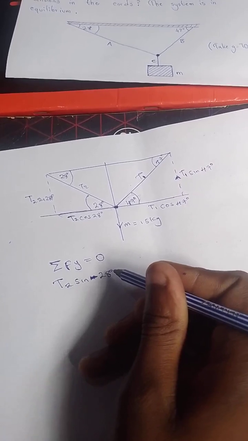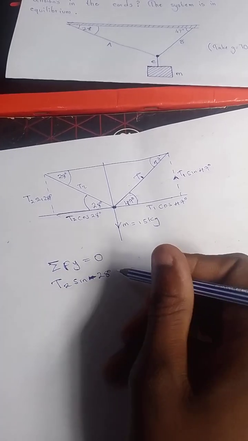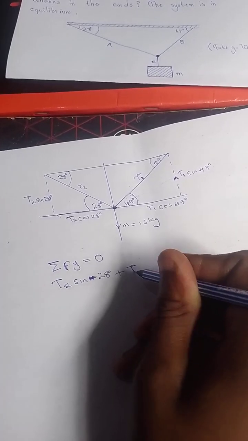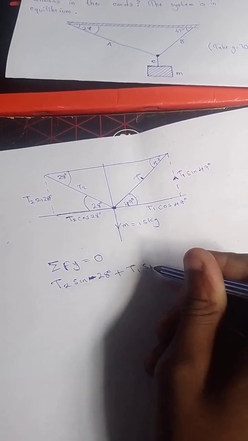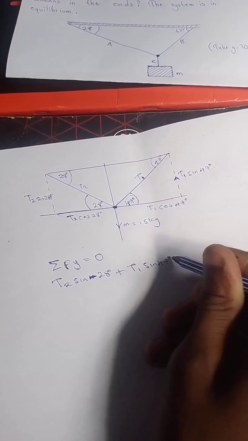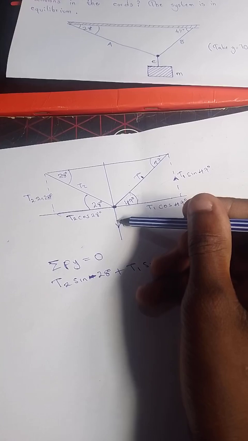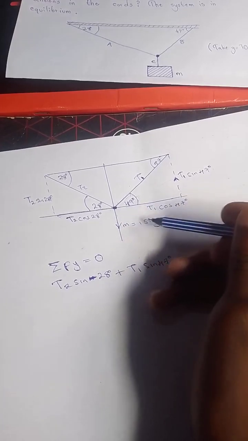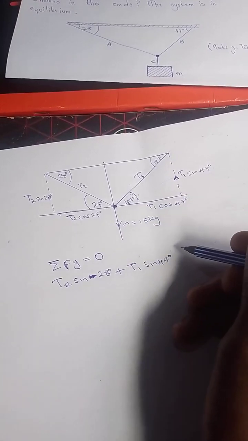Here it's not necessarily that we must begin with any, since we are adding. Then we have plus T1 sine of 47 degrees. Now this will be balanced by the force that is moving the string down, which is the weight of the block.